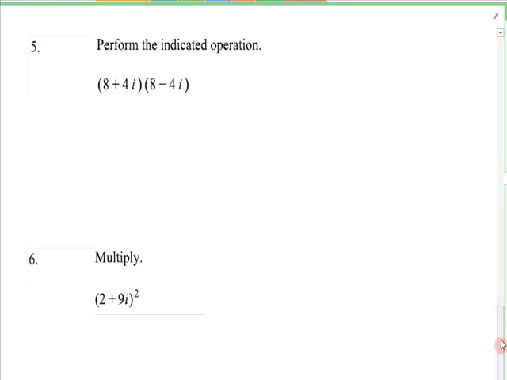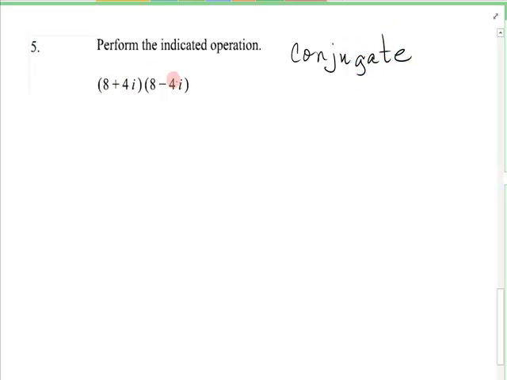There we go. All right, next I'm going to talk about 8 plus 4i times 8 minus 4i. Does that ring a bell? Remember the word conjugate. Those are conjugates, a sum and a difference of the same two. Let's see what happens when you multiply complex conjugates.